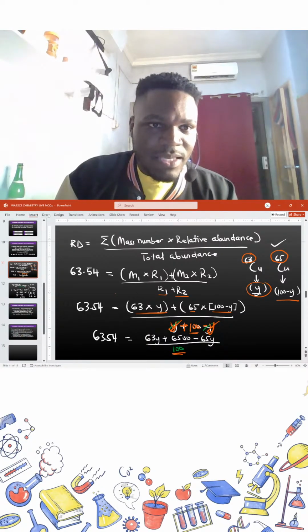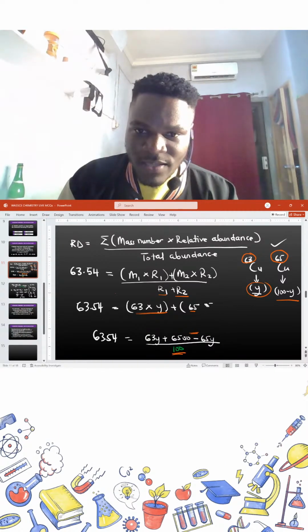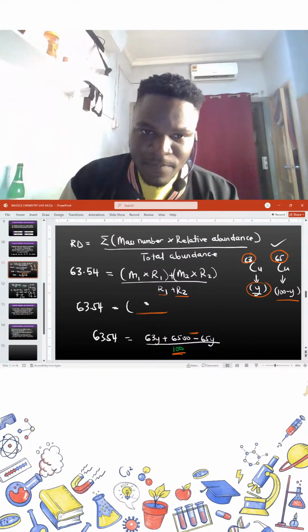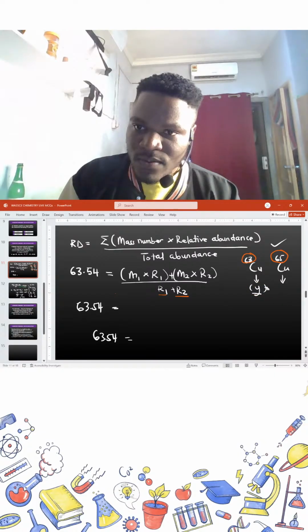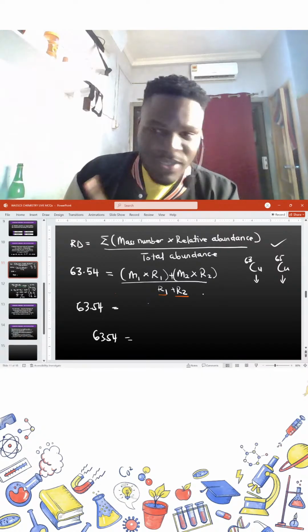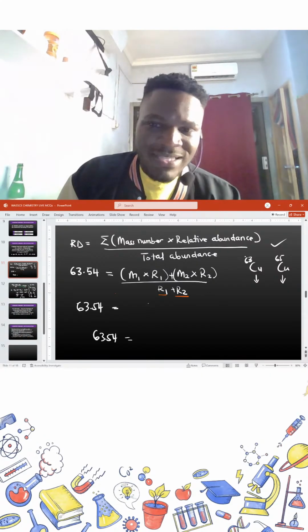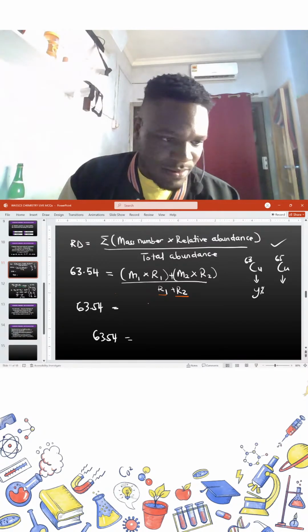So basically, let me erase this and redo the calculation from here so that you will understand. Copper 63 has a percentage. That percentage, we are making it y%. Are you okay?